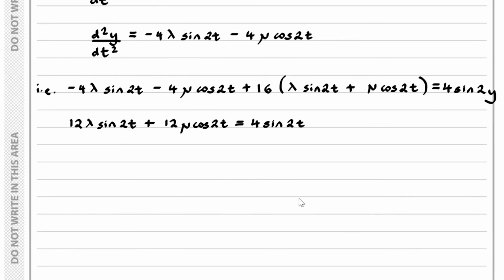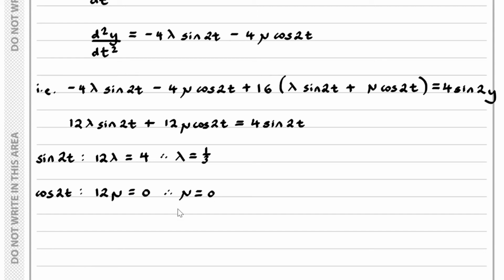And if we compare coefficients, well, looking at the sine 2t's, I've got 12 lambda of them on the left hand side. On the right hand side I've got 4 of them. So lambda is equal to 1/3. And if I take a look at the cos 2t's, I've got 12 mu on the left hand side, 0 on the right hand side.